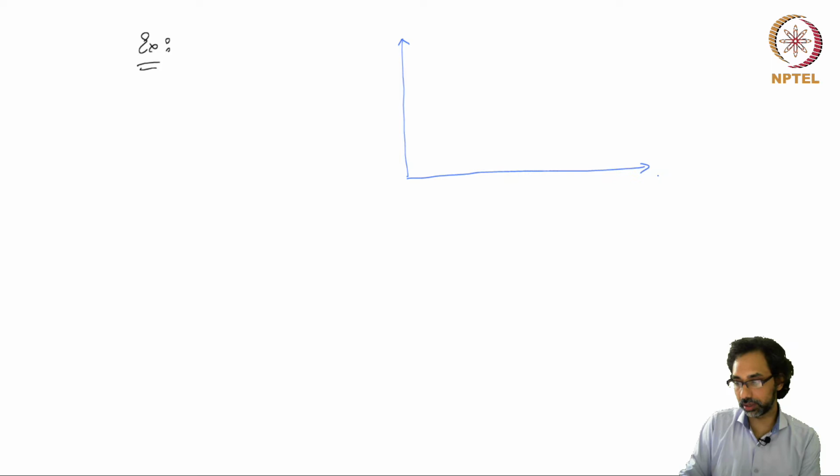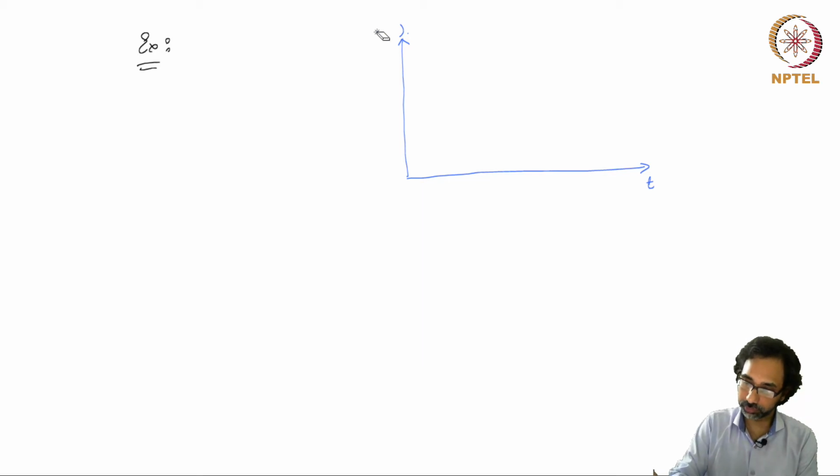So let's look at an example. I will draw a graph for a function. So this is our coordinate plane, this is the t axis, and this is f(t).